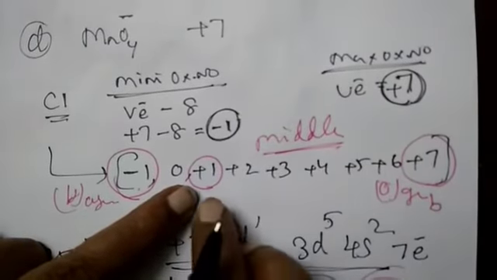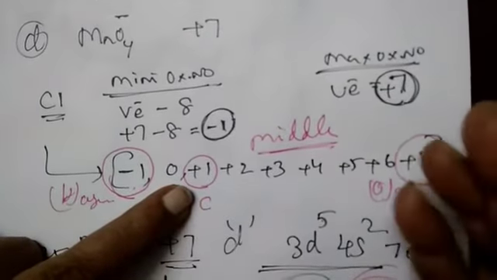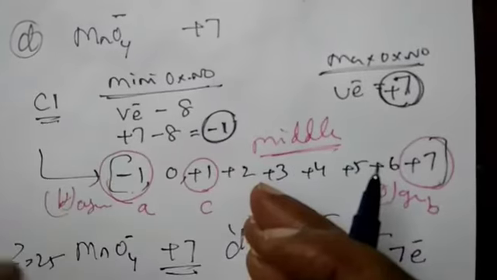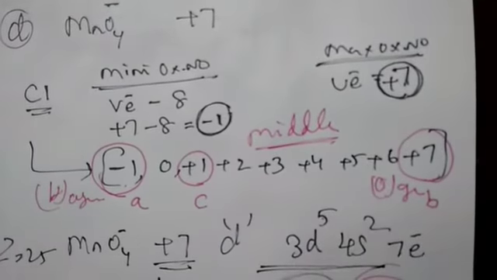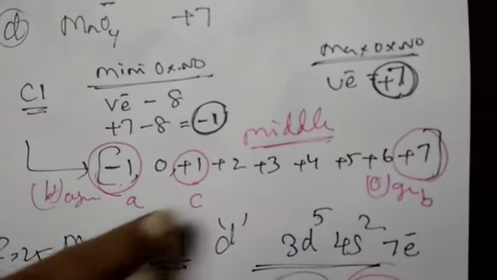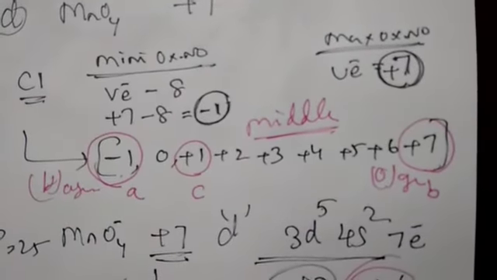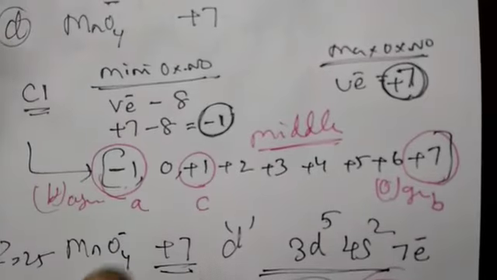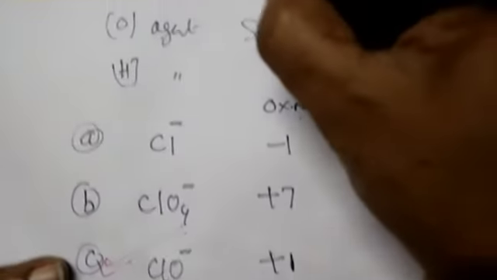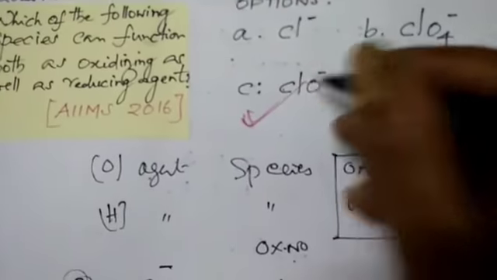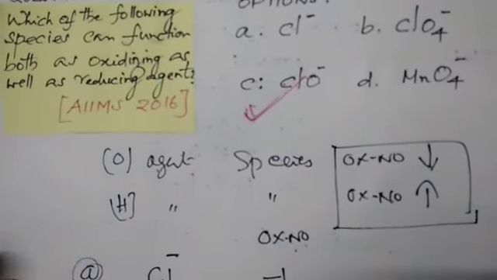As an oxidizing agent, it oxidizes others and itself is reduced. So it can move up as well as down. So the species C can act as both an oxidizing and a reducing agent. Based on that we identify the answer.